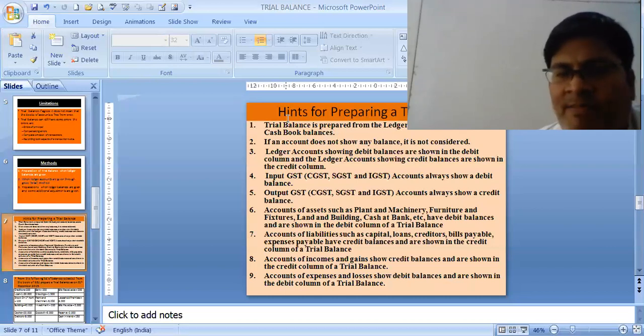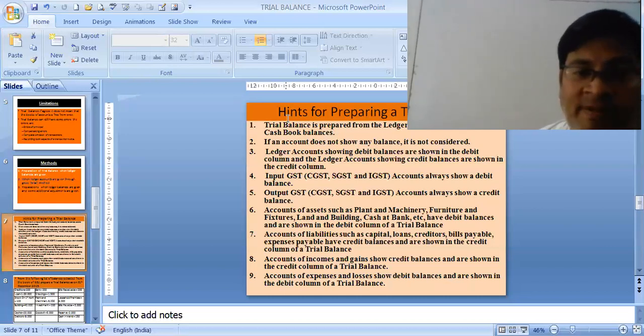Input GST will have a debit balance. Output GST is the credit balance. Accounts of assets are always debit balance. Accounts of liabilities are always credit balance. Incomes and gains are always credit balance. And accounts of expenses and losses are always debit balance.